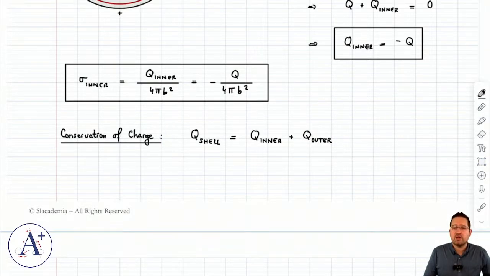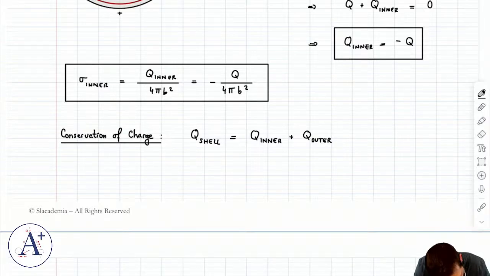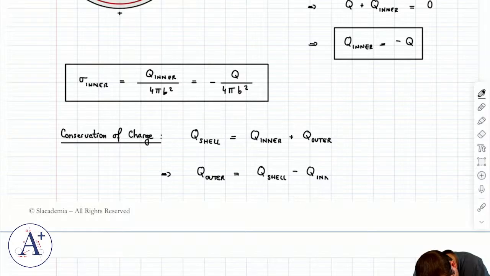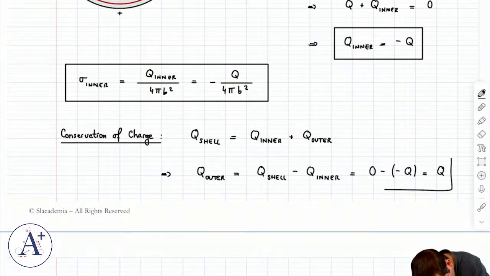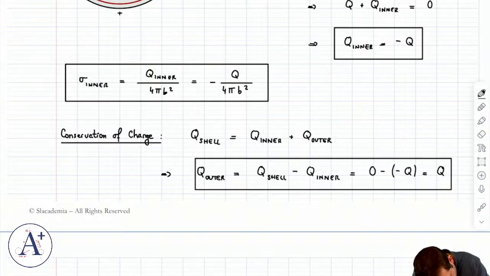You find Q inner, Q shell is whatever they tell you, but then you find Q outer. All right, so Q outer is going to be equal to Q shell minus Q inner, which is 0 minus Q, which is Q.